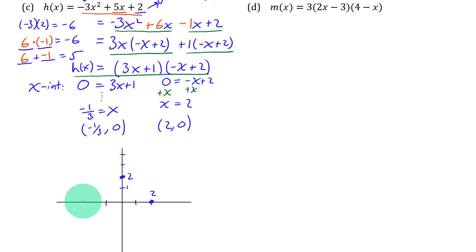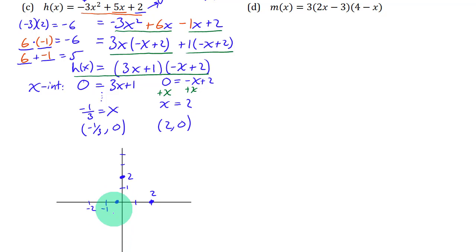So if this is negative 1 and negative 2 over here, negative 1/3 is about here. Just realize this is not really to scale. I think negative 2 should be a little bit to the left. More like that.